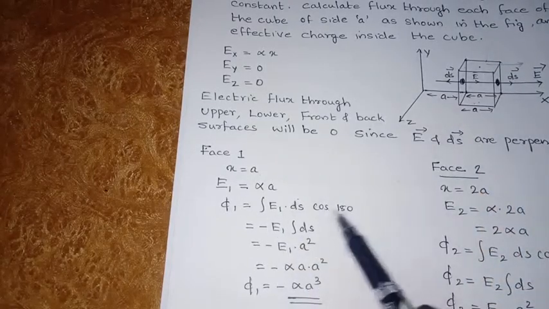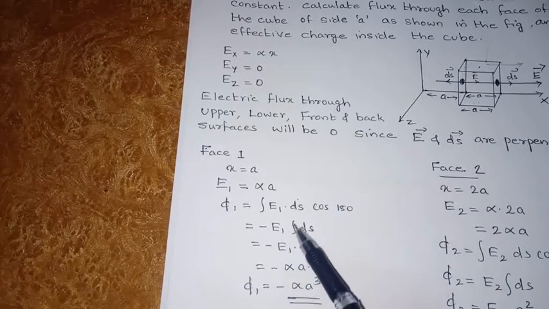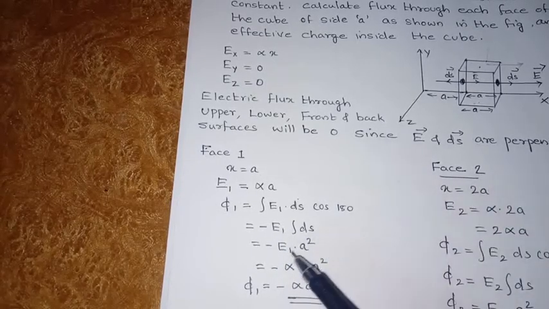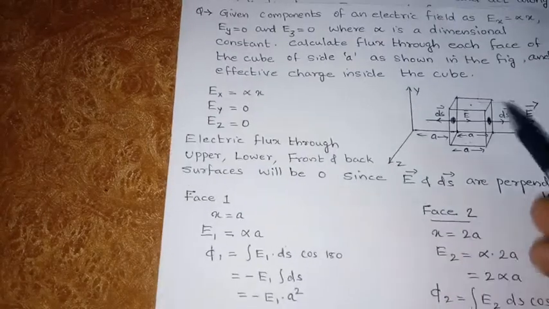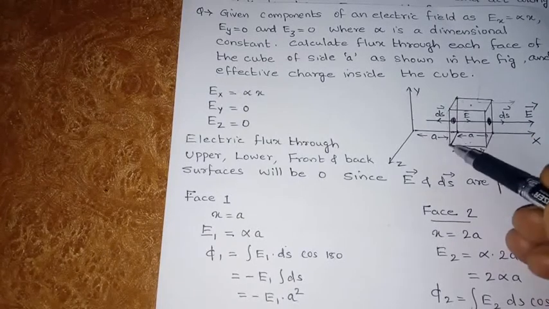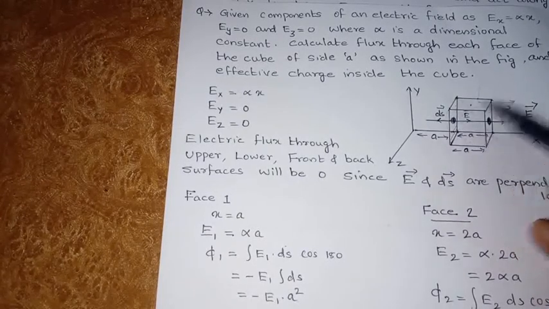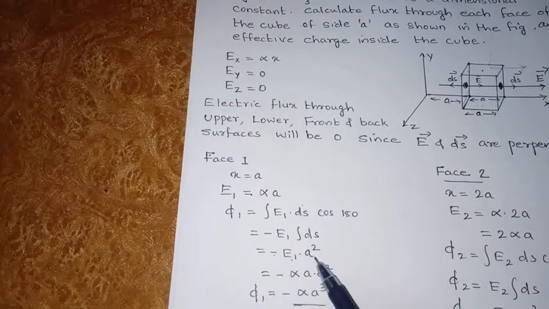So cos 180 is minus 1, therefore minus E1 into integral ds. What is integral ds? Since the side of the cube is A, one surface has an area A square, therefore minus E1 into A square.